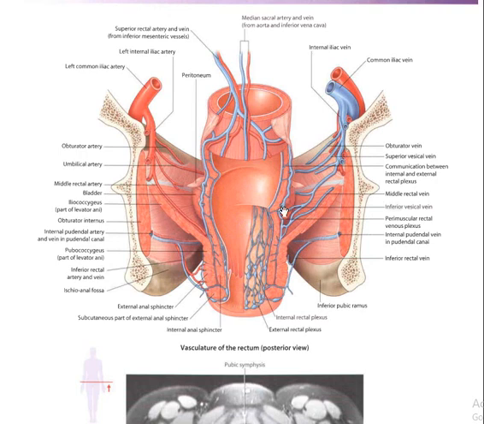The middle rectal vein is located here and enters directly into the common iliac vein here. So it passes through this portion, and this produces hemorrhoids, or accumulation of blood at this location.